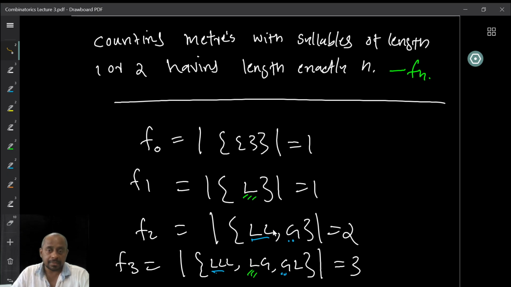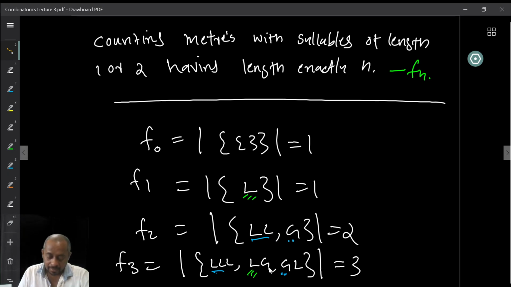And these are the only possibilities, right? Because every meter of length n must either end in a laghu or in a guru. Now, if you remove the last L, you will get a meter of length n minus 1. And if you remove the guru, you will get a meter of length n minus 2. So there is a bijection between the meters of length n minus 1 and the meters that end in L. And there is a bijection between the meters of length n minus 2 and the meters that end in G. We can observe it here, for example, in the set F3, right?